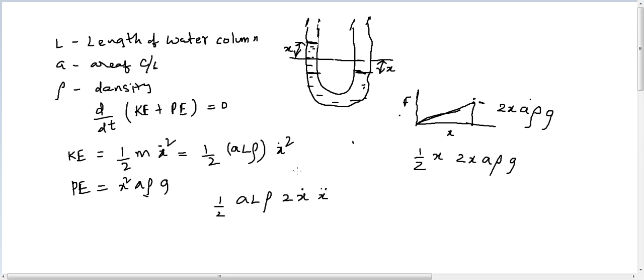This is the derivative of this term, plus the derivative of this term, where A rho g is constant, will become 2x into x dot. This is equal to 0. So this 2 will be cancelled, x dot will be cancelled.